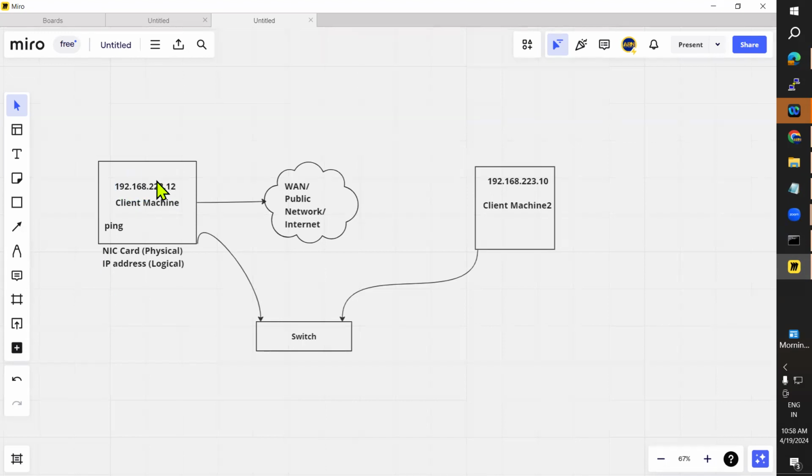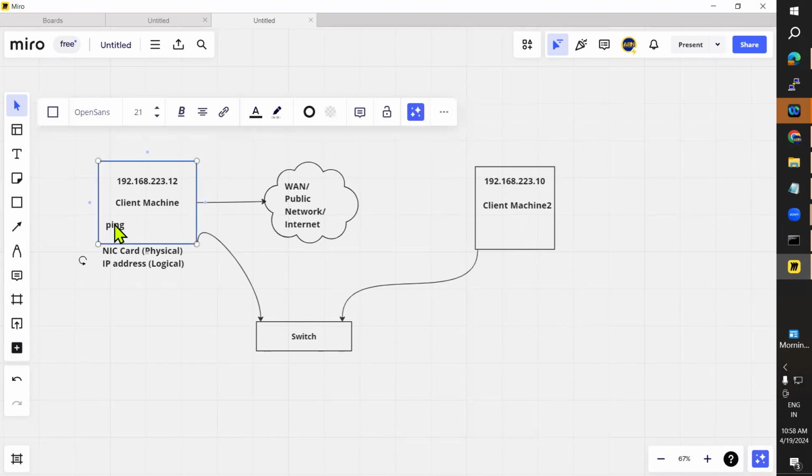Okay. So 12 is the client machine 1 IP address. 10 is the client machine 2 IP address. So both machines are physically connected with the switch. So now I want to check the communication from client machine 1 to client machine 2 or client machine 2 to client machine 1. Then we use the ping command.